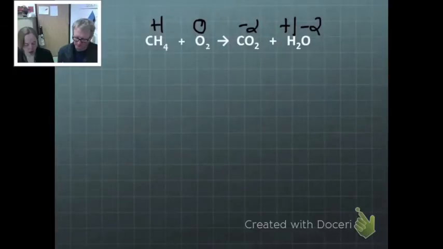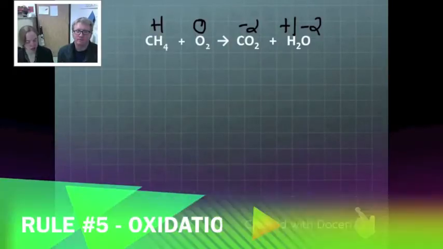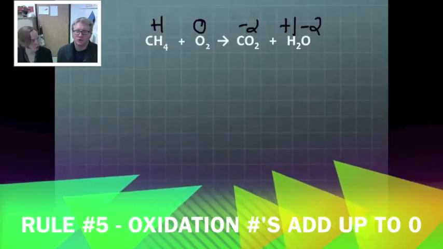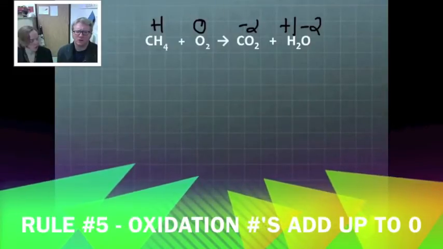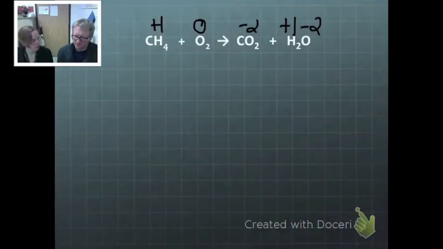All right, and so our very last rule, if all else has failed us, what do we have to do? All of the oxidation numbers have to cancel out to be equal to 0. So we've got 2 places where we've got to deal with that. We've got CH4 and CO2.